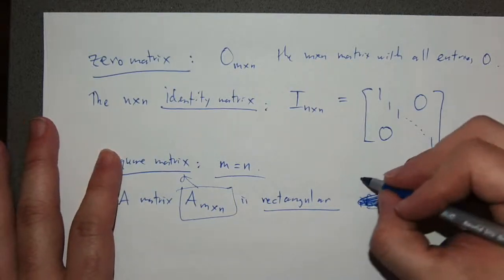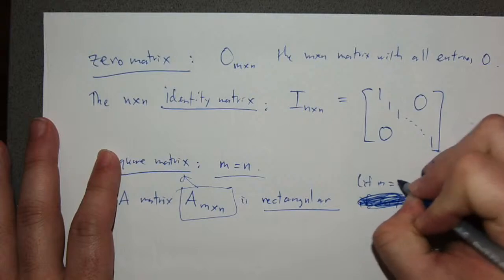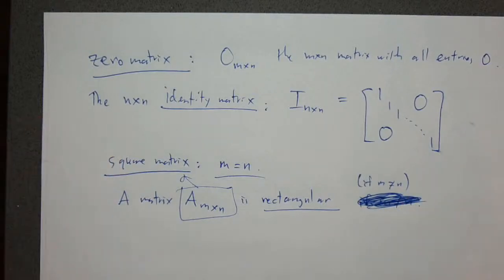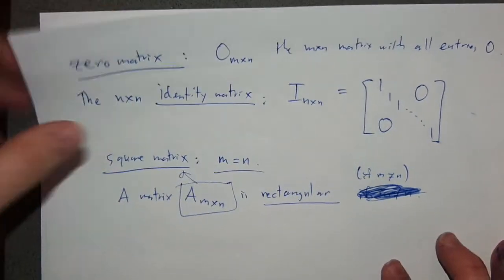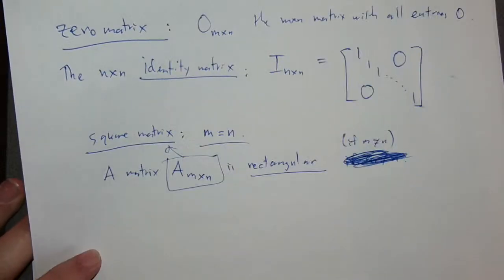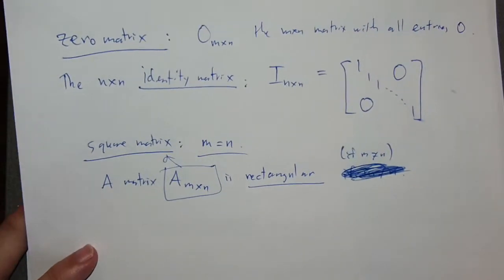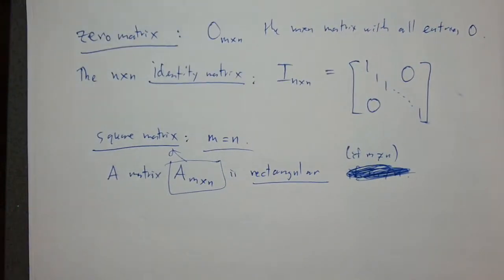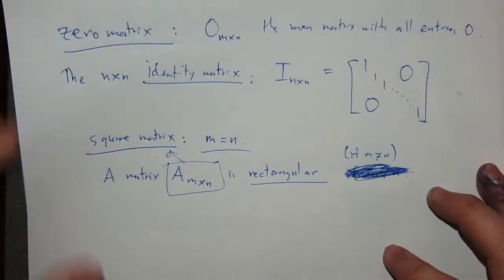But this is typically what's implied. So just so it's not too confusing. This is what we're talking about. Identity matrices can only be square. That's right. Yeah. Okay. There's certain things we're going to talk about in this course that only apply to square matrices. I'll be very clear what those things are when we get to them.